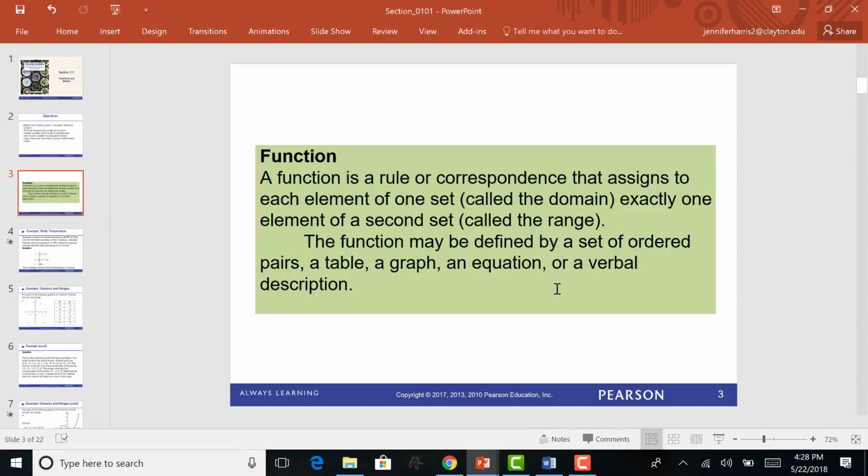Right. What's the last one we're going to do? A verbal description. You're like, why would I ever need a verbal description to be considered some type of function? Well, here's an example. Here's what you could see on the homework.